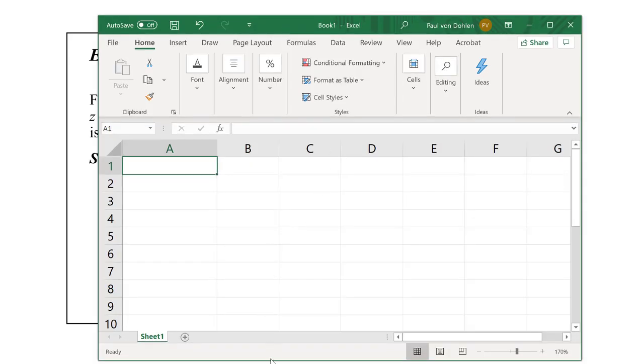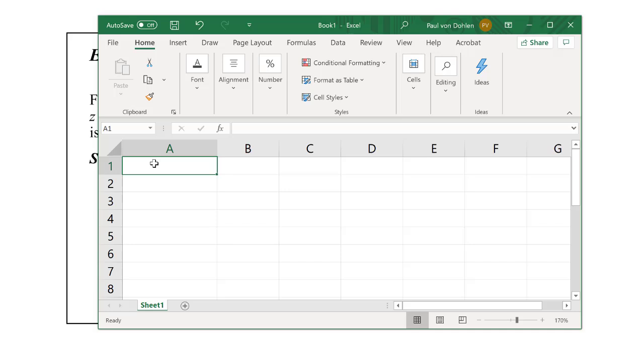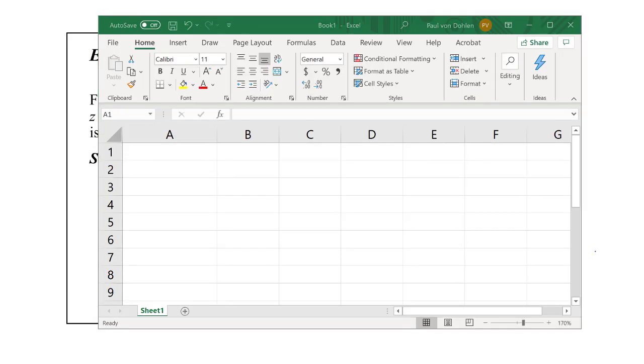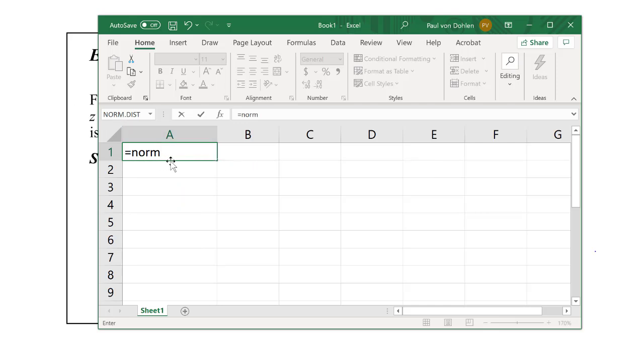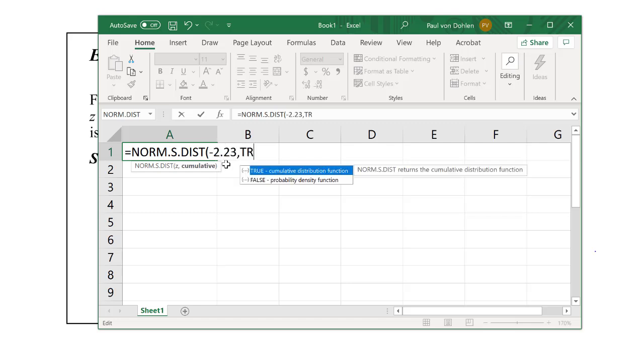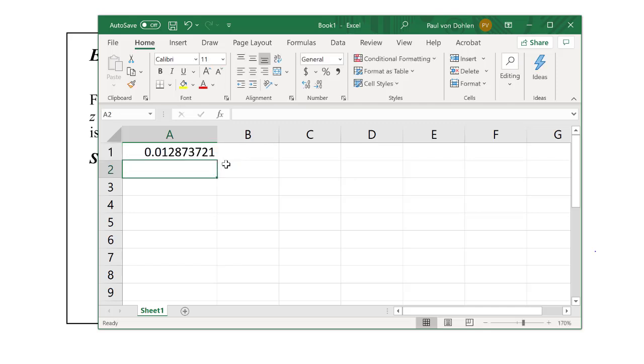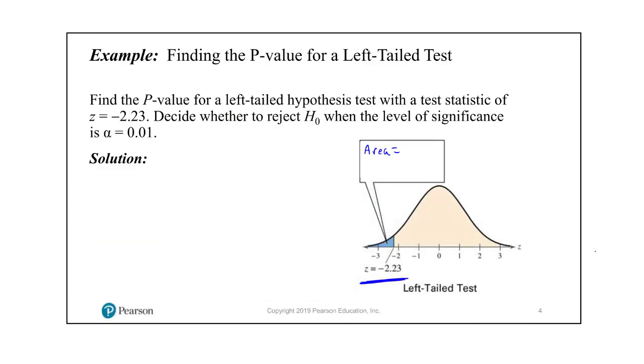Remember, we're going to give it a z value and then ask for the area, or probability in other words, associated with it. So we're going to use equals NORM.S.DIST, because we're giving it the z value, -2.23, TRUE, and that gives us back 0.0129.